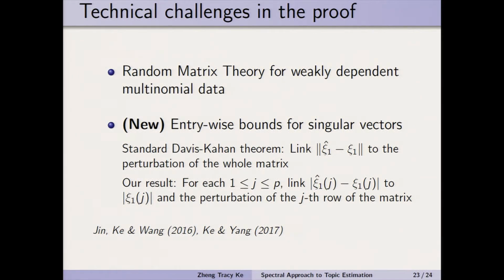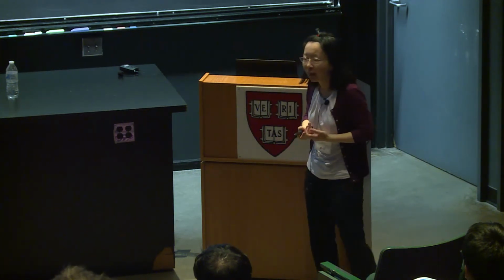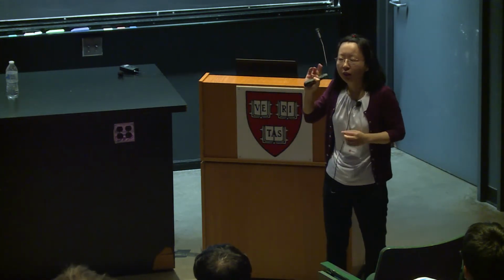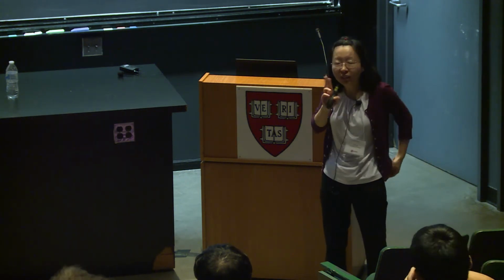I know that there are many experts in random matrix theory here. For this part, the proof is very lengthy and very messy, but in general we use standard techniques such as the epsilon-net argument and large deviation bounds for weakly correlated data. For the second part, we need to develop some new technical tools.